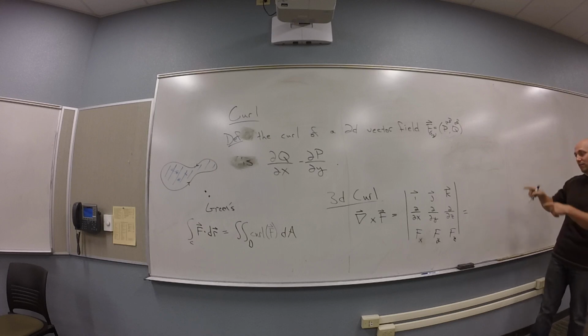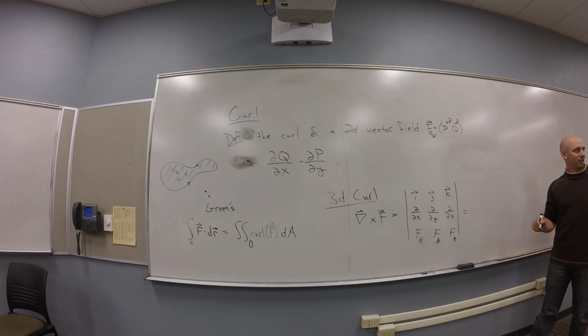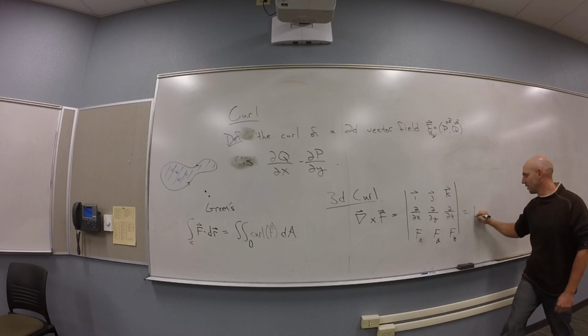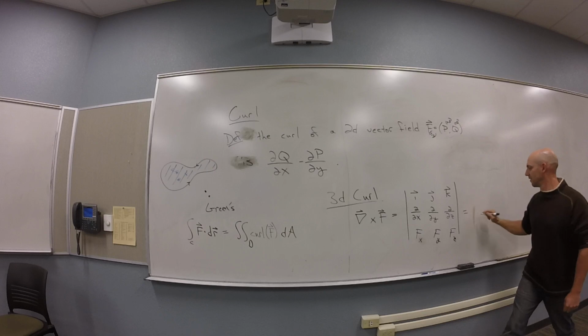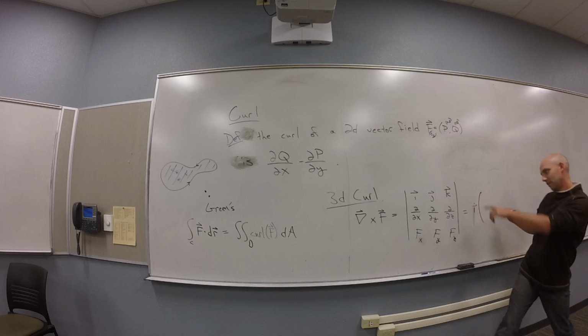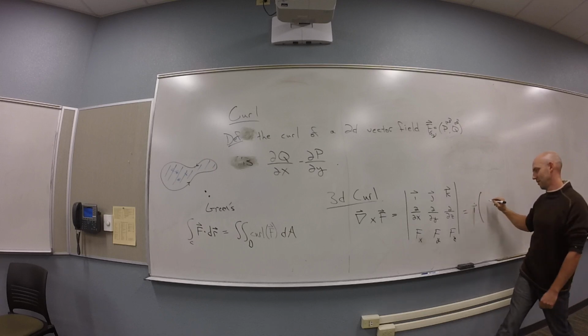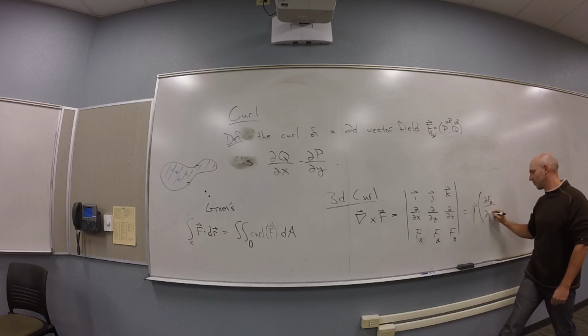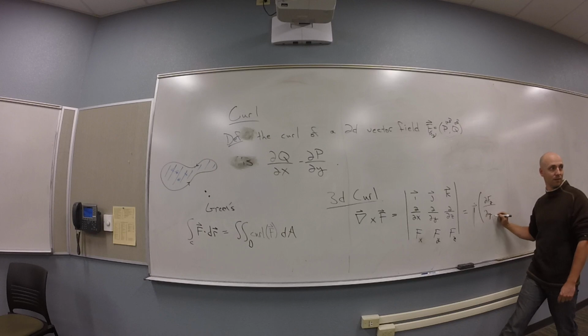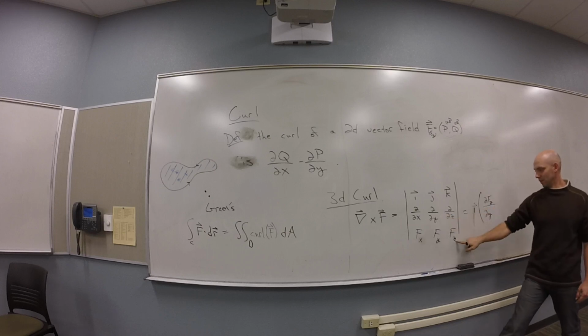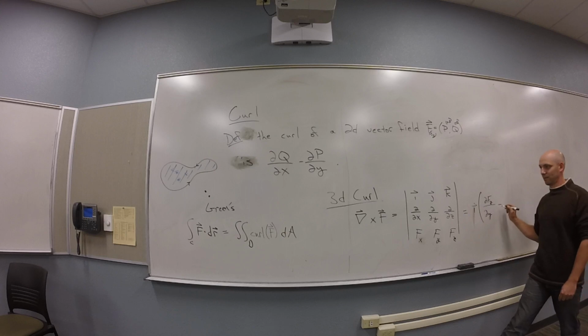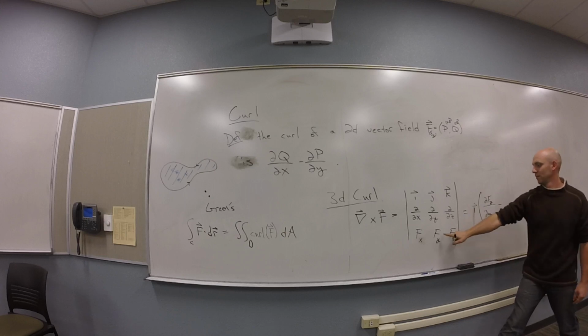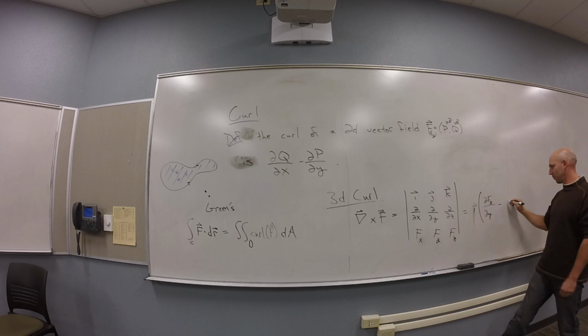Okay, out of this, you would get what? In the I slot, you get the partial of Fz with respect to y. So you get the partial of the z function with respect to y. You all see that? And then the partial of the y function with respect to z.